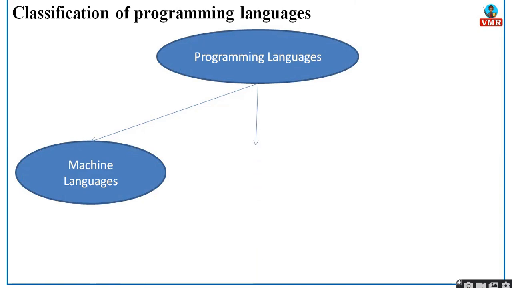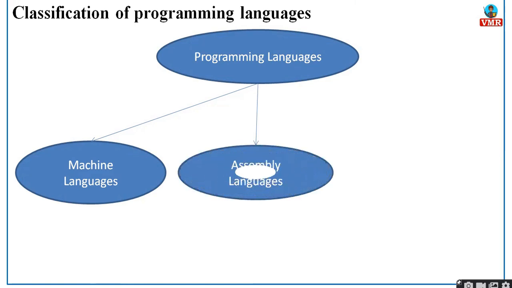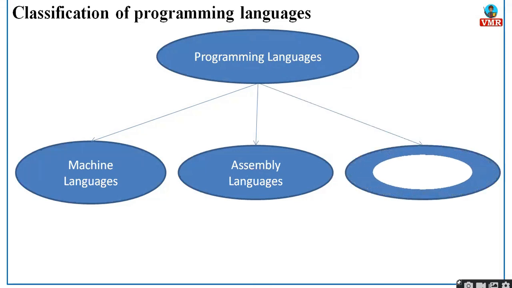If you closely observe, programming languages are categorized into machine languages, assembly languages, and high level languages. So we'll see each and every type of language in the coming slide. So yes, what is a machine language?